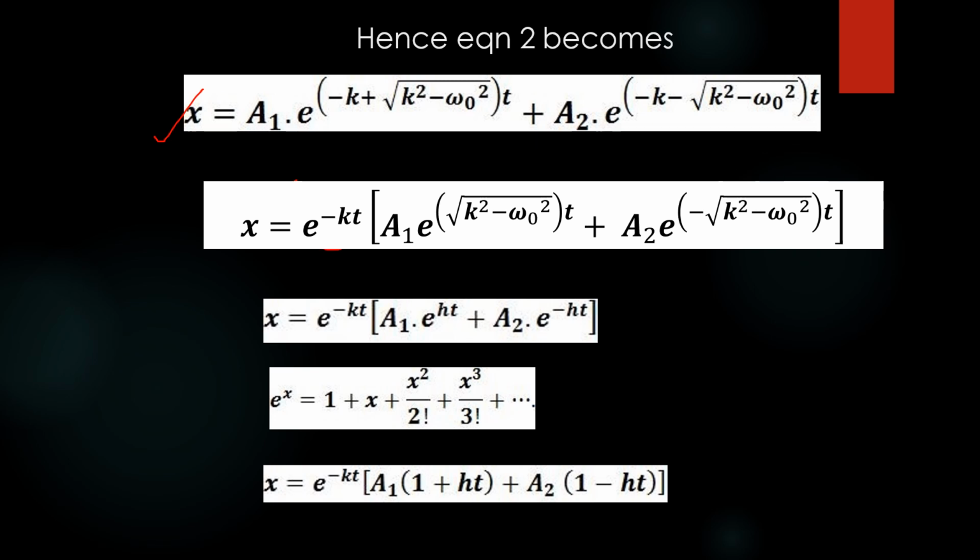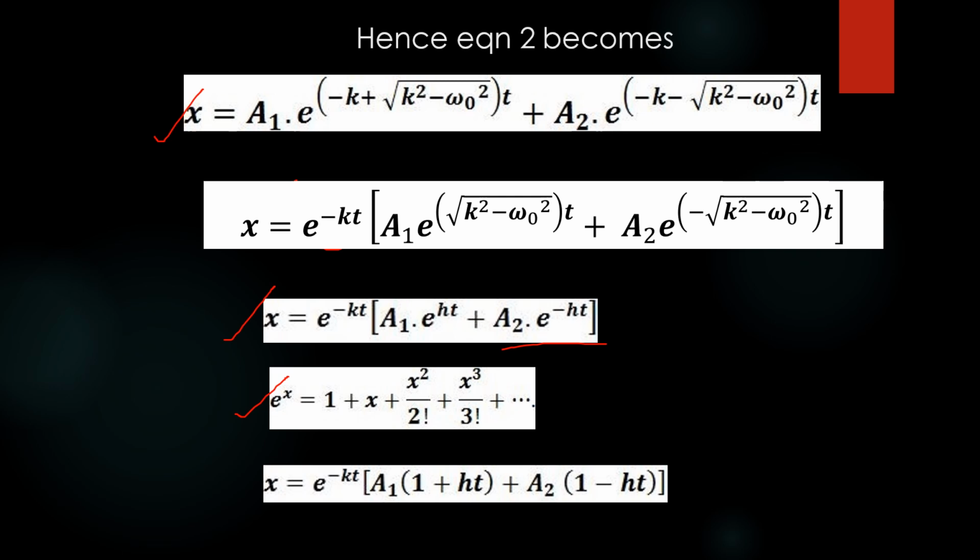Now instead of root of k squared minus omega 0 square, you substitute h, then you will get x is equal to e raised to minus kt into a1 into e raised to ht plus a2 into e raised to minus ht. Hope you know the expansion that e raised to x is equal to 1 plus x plus x squared by 2 factorial plus x cubed by 3 factorial, etc.